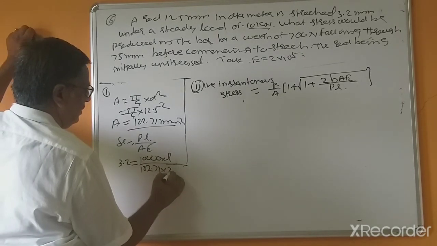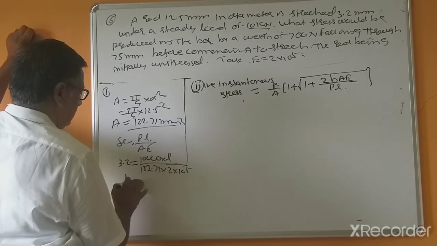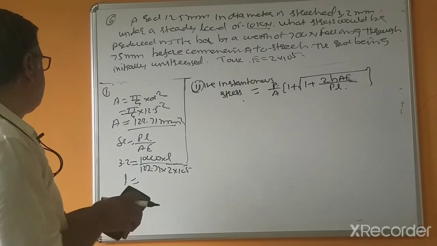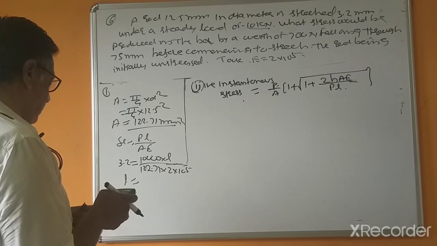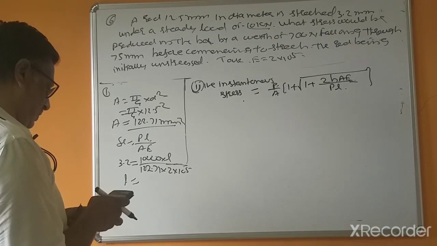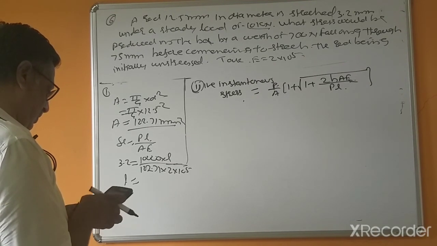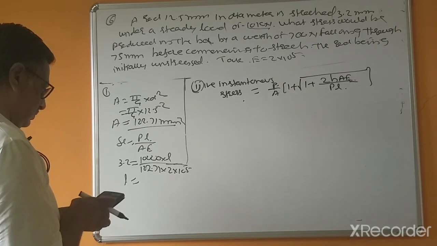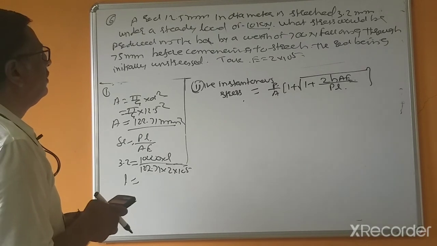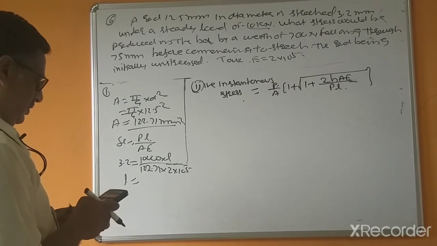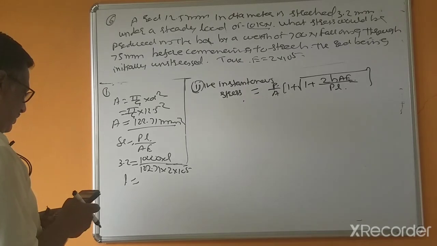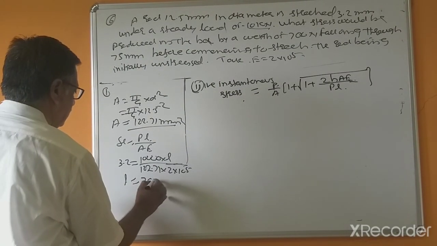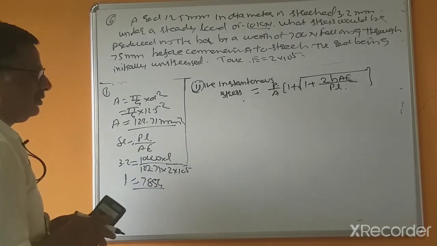Because we require L, that L we can calculate using this equation, multiplied by 3.2 multiplied by 2 into 10 to the power 5 divided by 10,000. This is equal to 78.54.